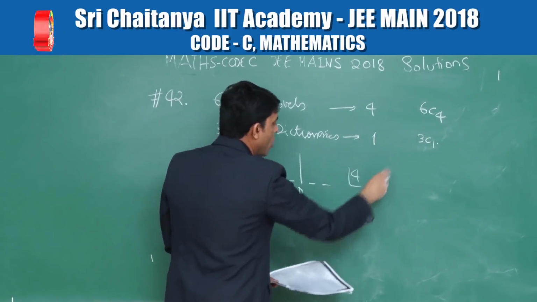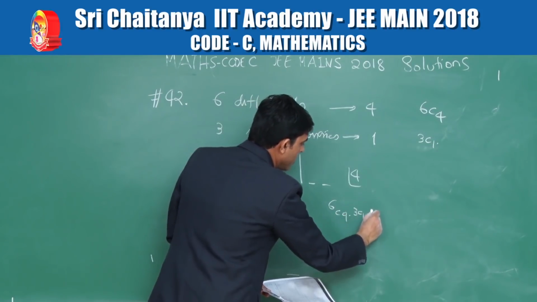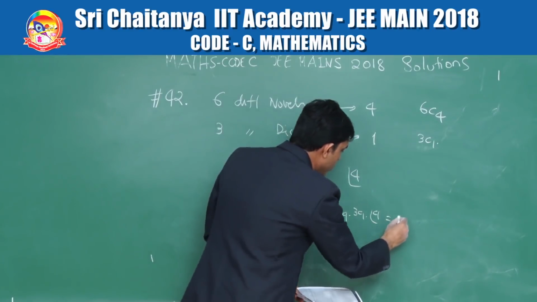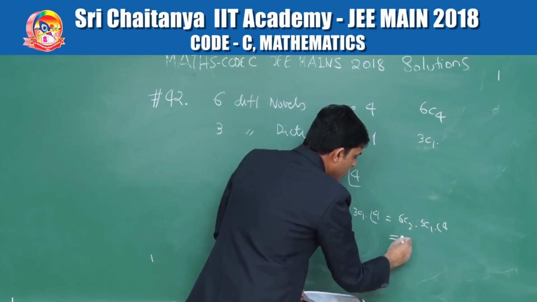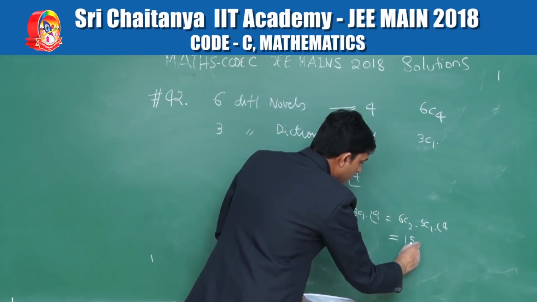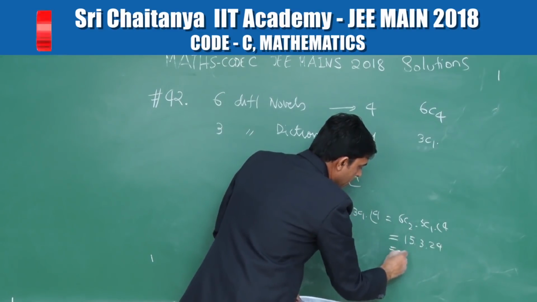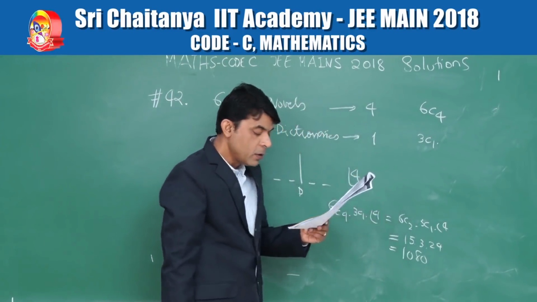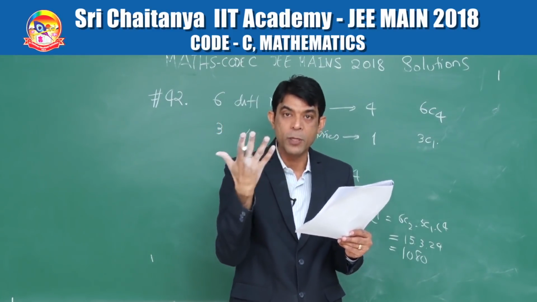Now just multiply all three, you get 6C4 times 3C1 times 4 factorial, and that happens to be 6C2 times 3C1 times factorial 4. So that is 15, then 3, and then 24, and that happens to be 1080. And so choice number 4, that says at least 1000, happens to be correct.